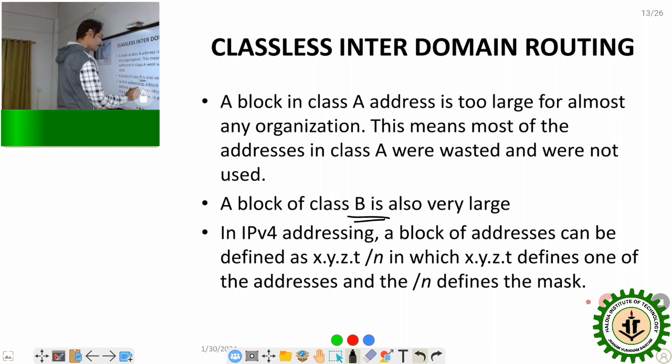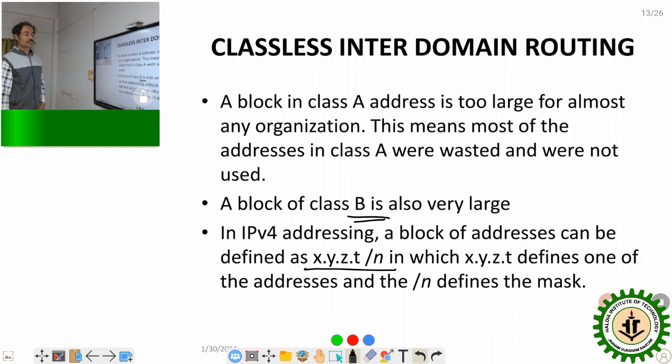It talks about another kind of notation, which is CIDR notation, classless interdomain routing, where along with the 4-byte dotted decimal we write a slash and n. Slash n defines the mask. How it works, we'll see when we discuss a problem.